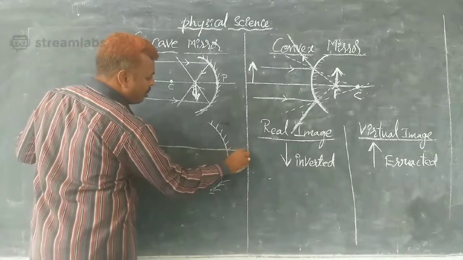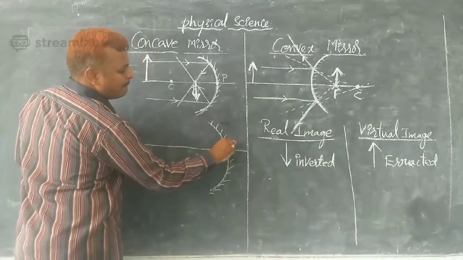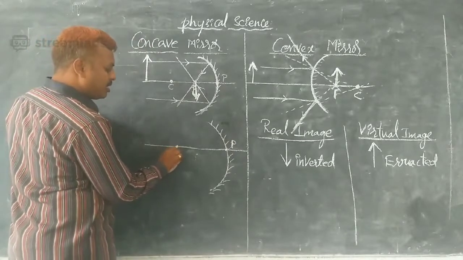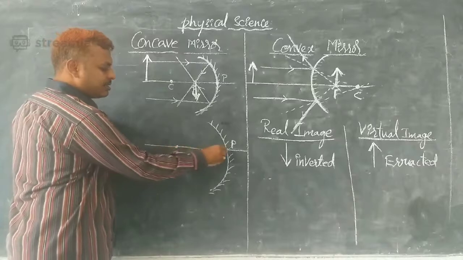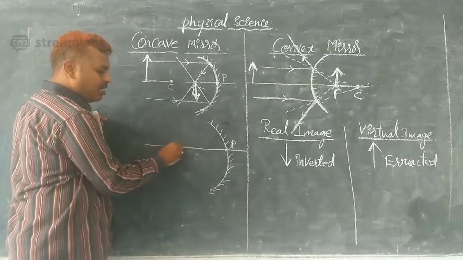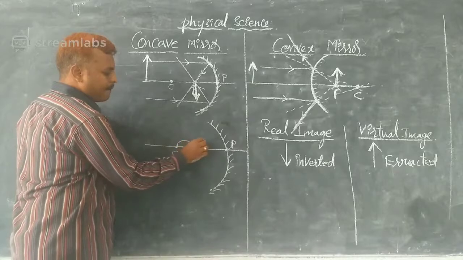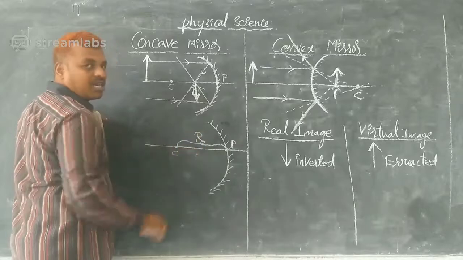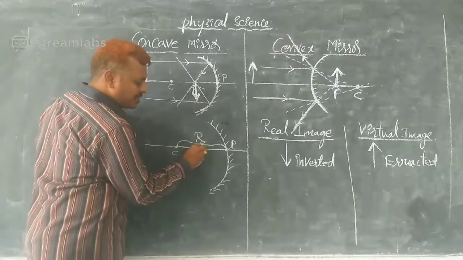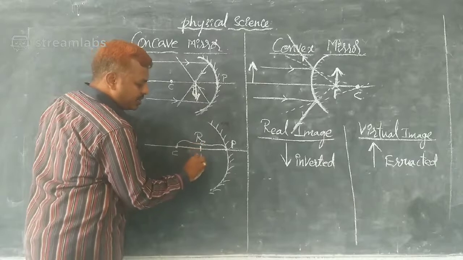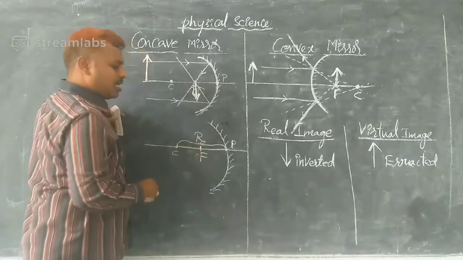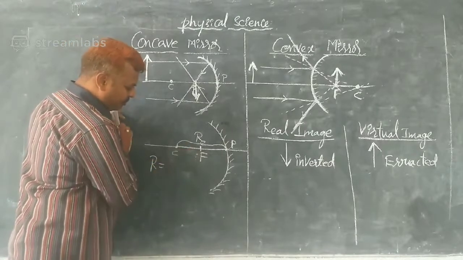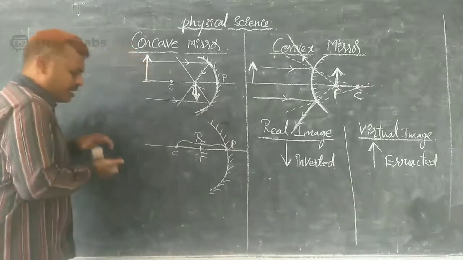Here is the pole, and here is the center of curvature C. The distance between the center of curvature and pole is called radius of curvature R. Exactly half of it is focus. So focus is half of the radius of curvature.